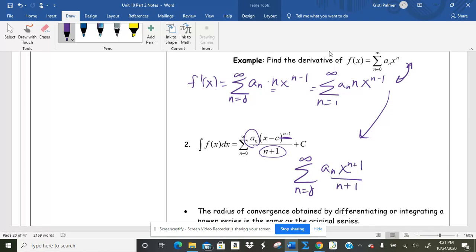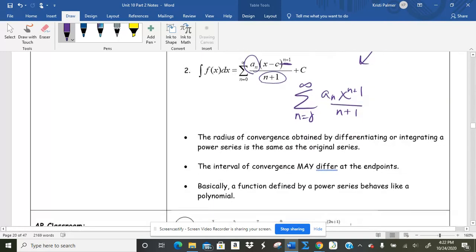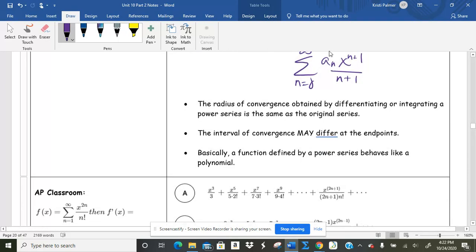Now this 0 does give me a term, so usually, almost always it does, we have to keep it there. We don't get to jump forward. So the interval is the same, the endpoints just could be different.